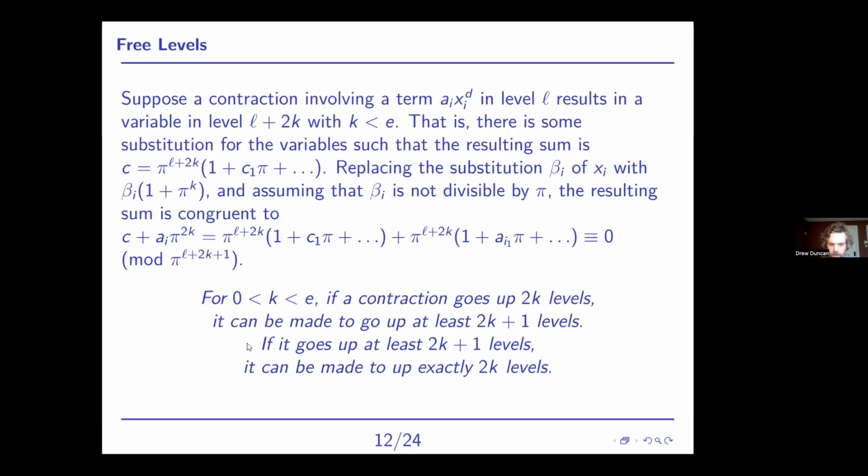So I've written this kind of a distillation of what I just said, and I'm not very good at formatting things in LaTeX, so it kind of looks a little bit like a poem. But if a contraction will go up 2k levels, we can make it go up at least 1 more than 2k levels, and if it goes up past 2k levels, we can make it stop at 2k, for any k that's less than e.